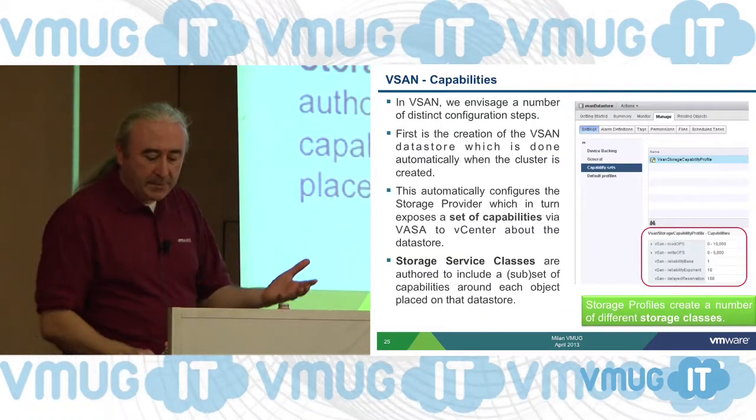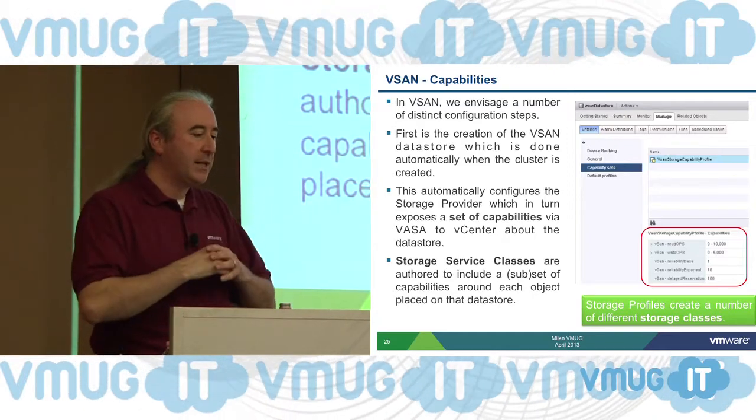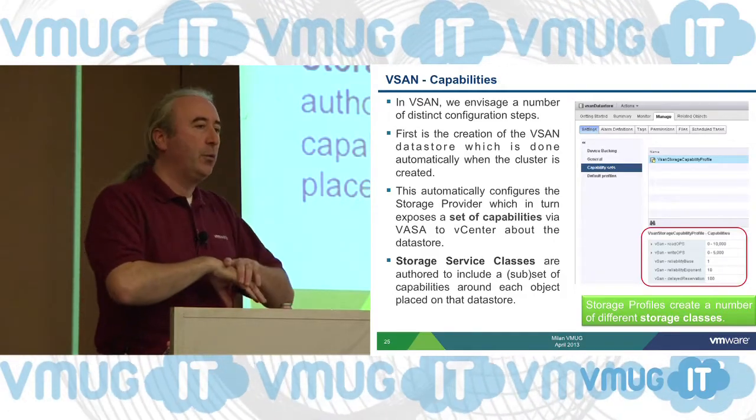So once you have enabled vSAN, a bunch of things happen. The main one is that you end up with this very large vSAN data store, which is an amalgamation of all the local storage from all the ESXi hosts that are in your cluster. Now, that will be capable of doing certain things. Depending on the number of spindles you have in the cluster, that will give you the performance that you can achieve from your virtual machines, because you'll be able to do so much striping.